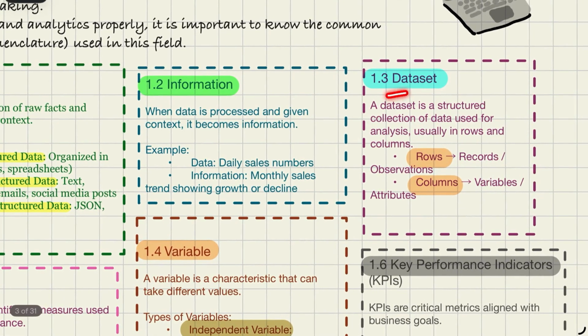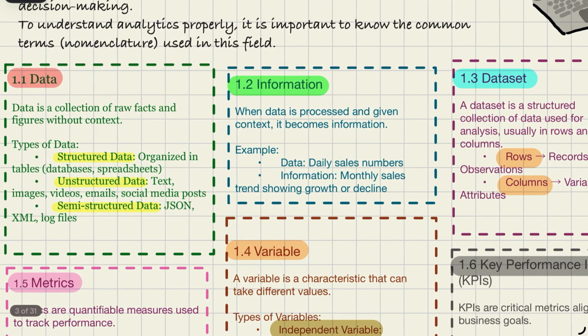And then comes the data set. This is a structured collection of data. Typically when you see data in the form of rows and columns, that is known as a data set. I'll give you a real world example for these three terms. Think of an Excel sheet for a college fest.